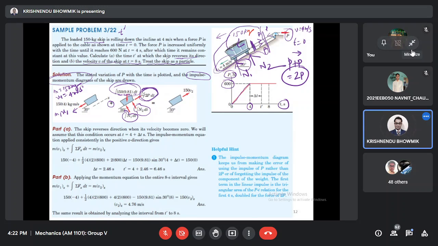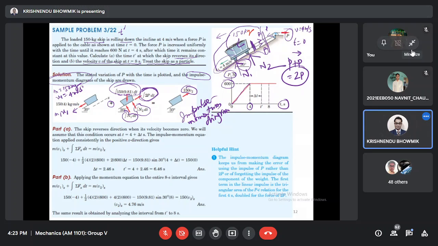It is told that finally it will have some velocity that we don't know till now: 150 multiplied by v2. See, we are considering either impulse or momentum. So this is the impulse momentum diagram.